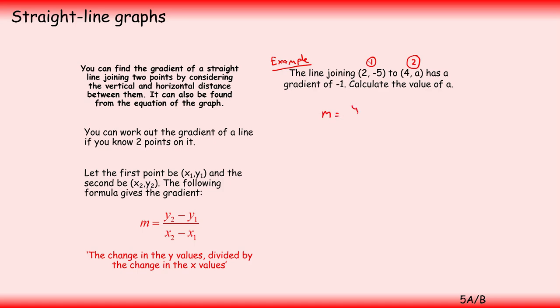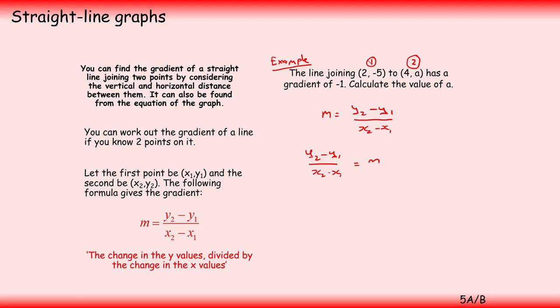M is equal to y2 minus y1 divided by x2 minus x1. Now I can write it this way around, or I could write it as y2 minus y1 over x2 minus x1 equals m. Either way, whichever is more comfortable. I feel this way would be easier since we're trying to find a.